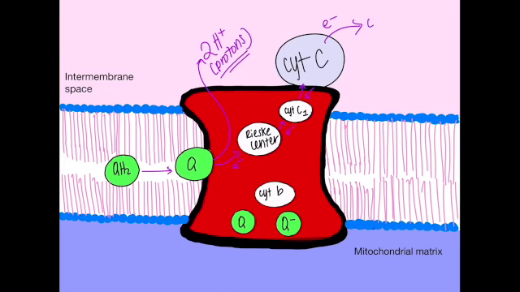The electrons move from cytochrome C to complex 4, moving along in the electron transport chain. Here's the second pathway for the electrons, which move to the 2 heme groups of cytochrome B, and as shown, ubiquinone is converted into semiquinone by the electron.